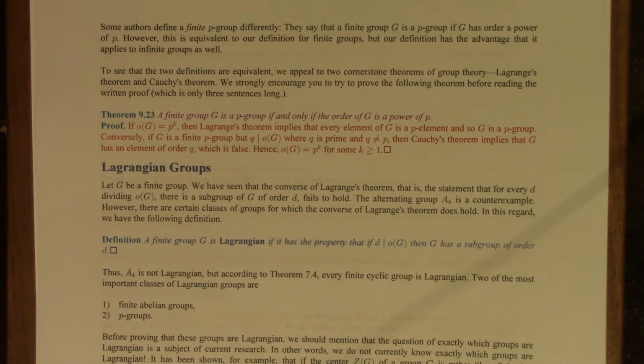It's the order of the group that is a power of P. Well, this is equivalent to our definition for finite groups. But our definition, which by the way is not my own, it's a common definition as well, has the advantage that it applies to infinite groups as well as finite groups.